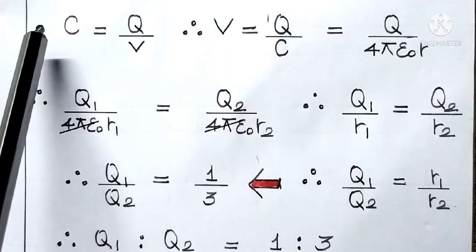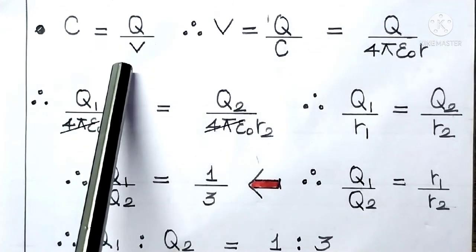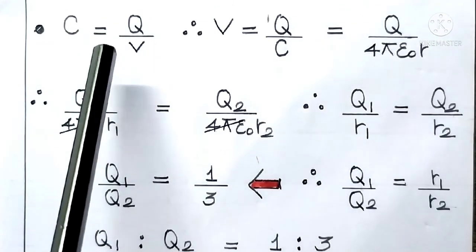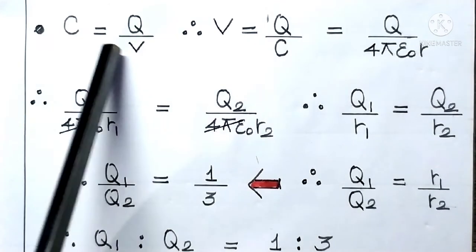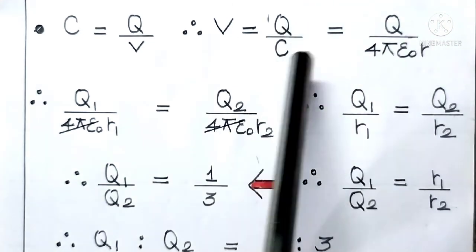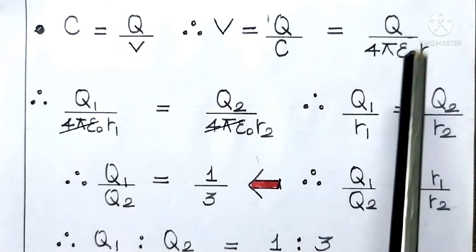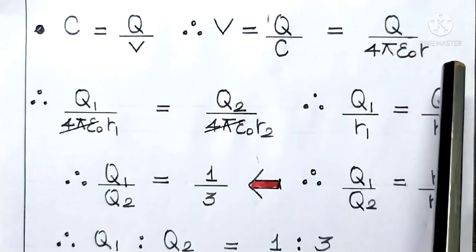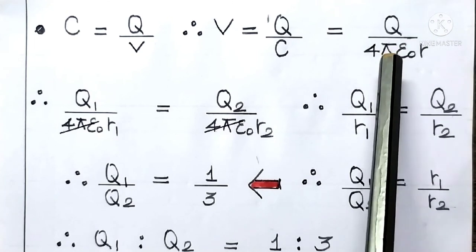What is the common expression for capacitance? C is equal to Q by V, that is charge by potential. Therefore, V is equal to Q by C, which is equal to Q by, in the place of C, I have written 4 pi epsilon naught R. So, this is the expression for V.